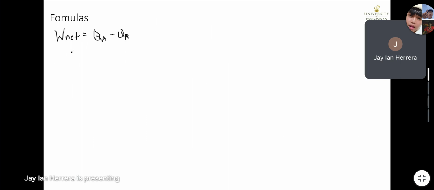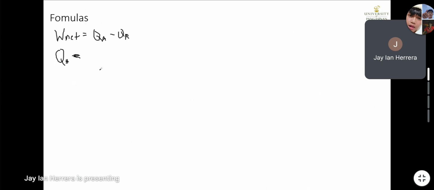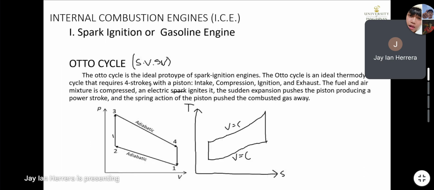And then our QA here, balik ko lang sa last slide. Ayan. QA natin, since nag-add tayo ng heat into the isobaric process or sa constant pressure natin, our QA will be equivalent to MCP delta T. So maalala nyo sa auto cycle nung Monday, dito kasi tayo nag-add ng heat sa isometric.